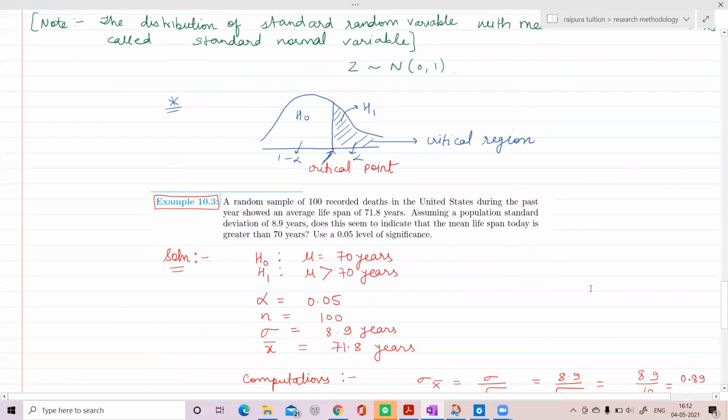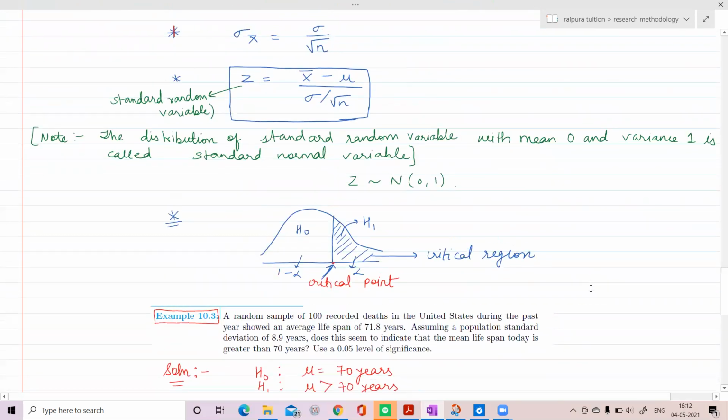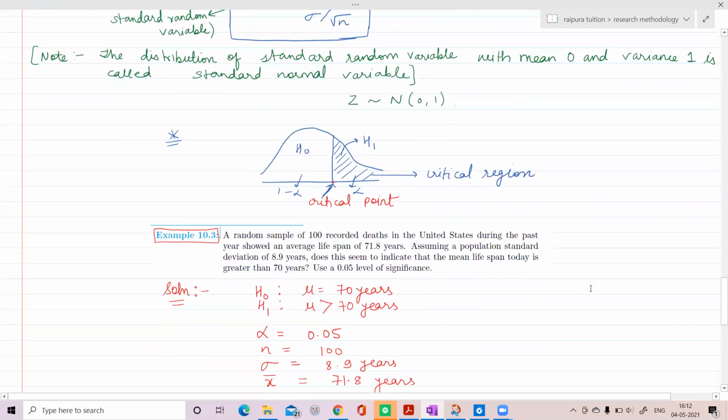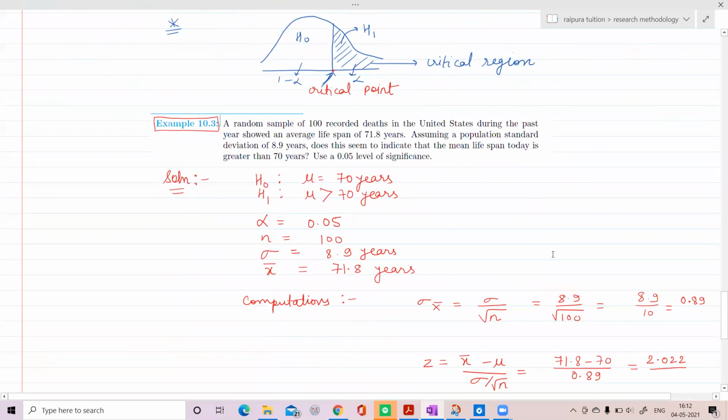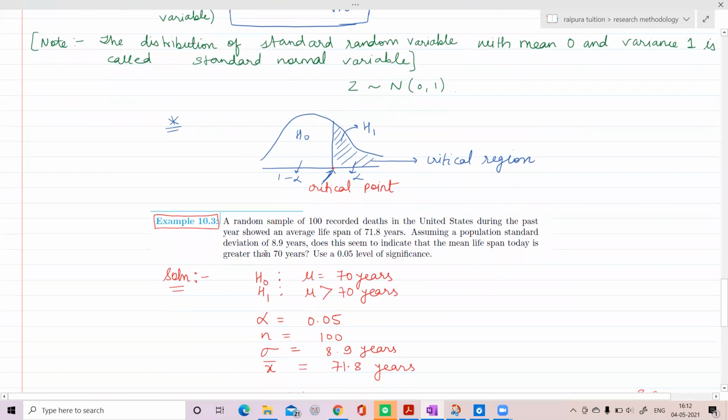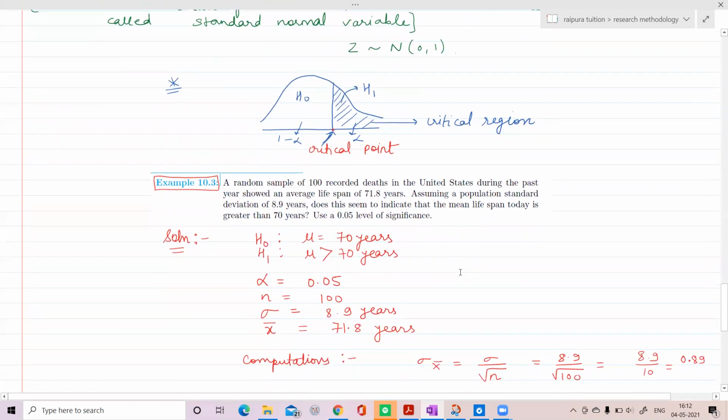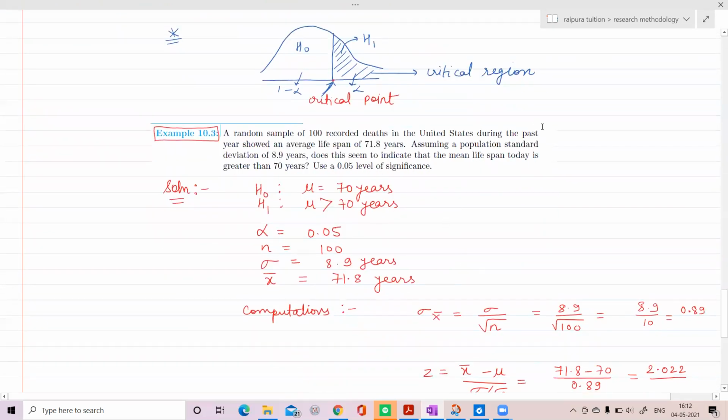So this is a numerical problem discussed, and you can find it in the book, chapter number 10, example 10.3. From this question, we can deduce all these notations and the values of all the notations in our given example.